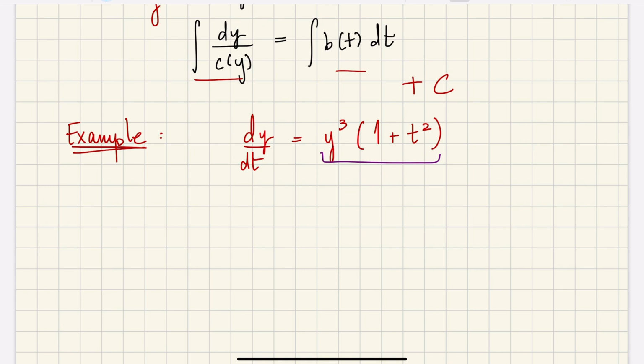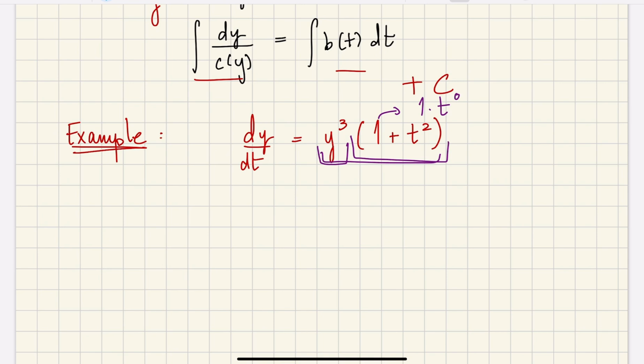So if we just take y cubed, that's just y, and 1 plus t squared, that's just t. Notice that 1 can be just written as 1 times t to the 0, so it's also t. So if we take these two expressions, they're separate, as in they deal with only y or only t.